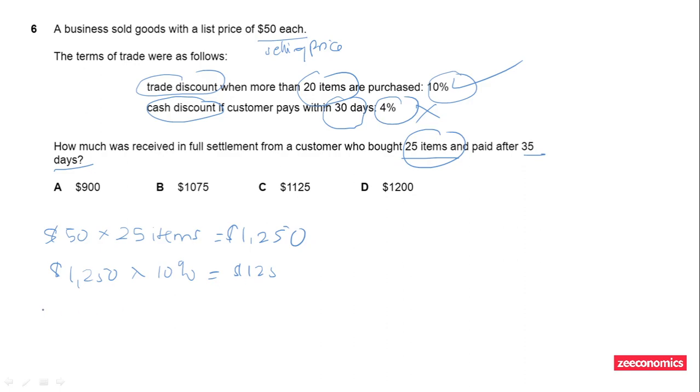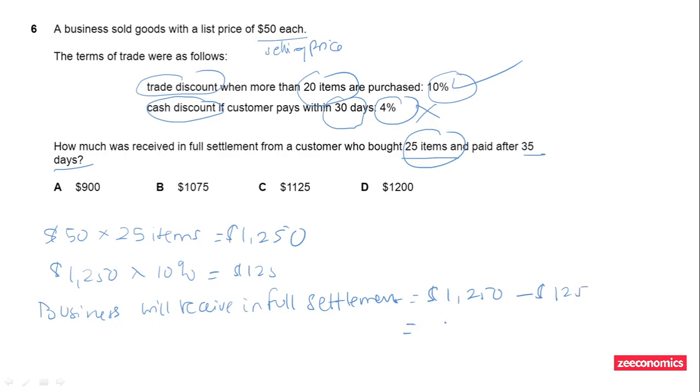So the business will receive in full settlement $1,250 minus $125, the discount. So we arrive at the number of $1,125. So C would be the correct answer.